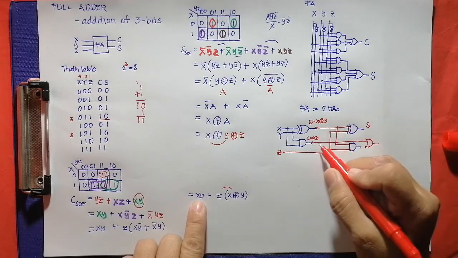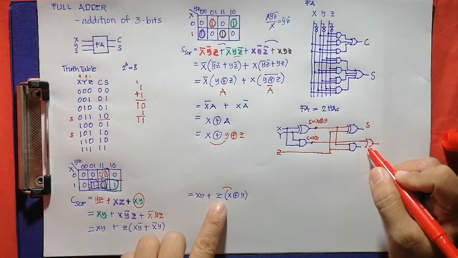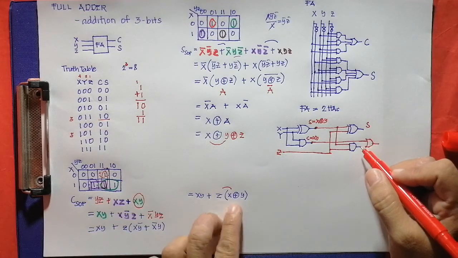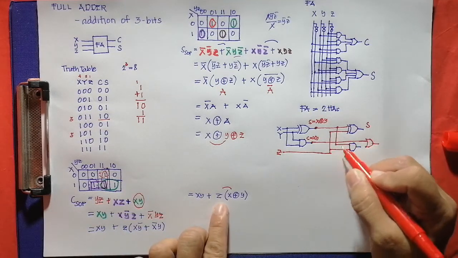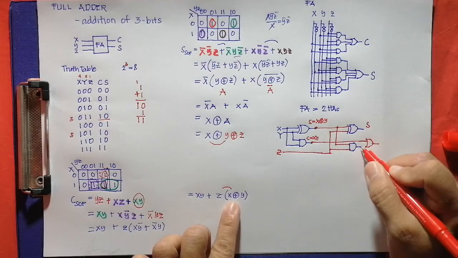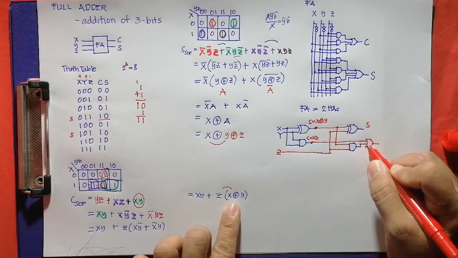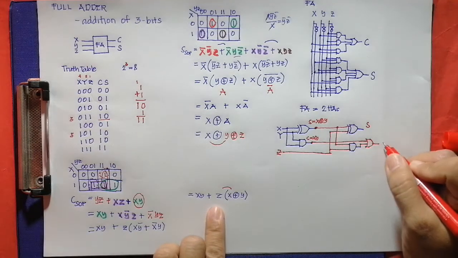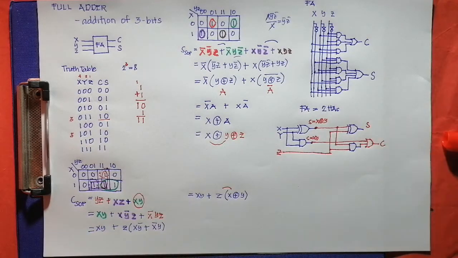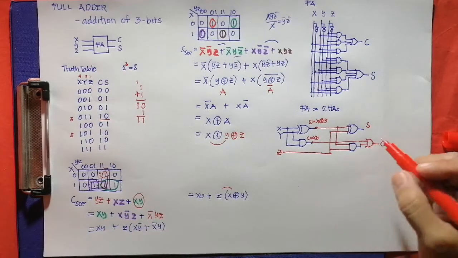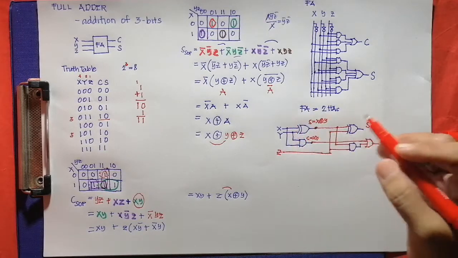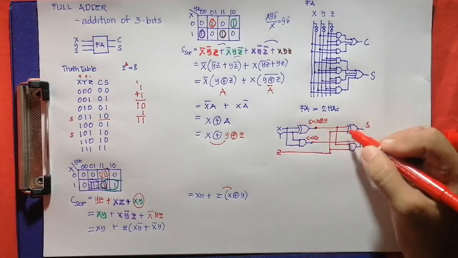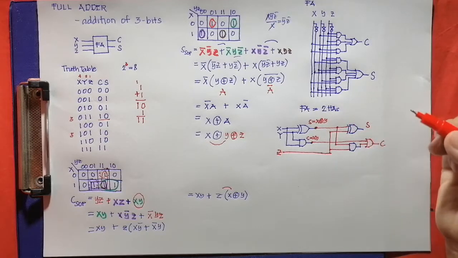Okay. So I have here xy, and then this we have here the z and x XOR y. So let's connect it with the OR gate. So you have it the c. Okay, so we have now two half adders. So we have here 1 and then another 1.